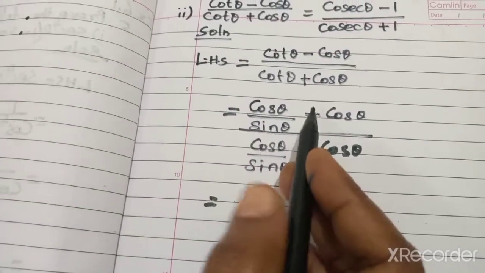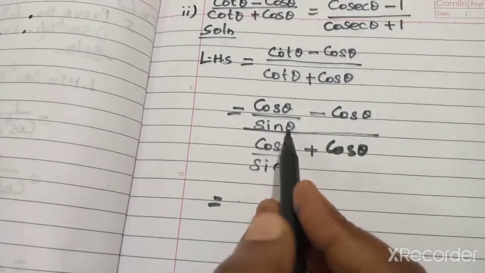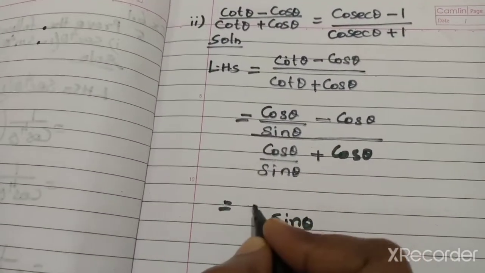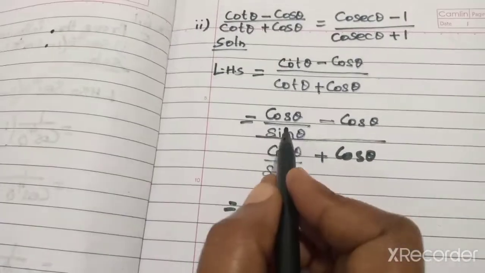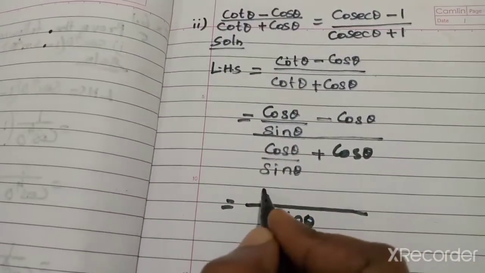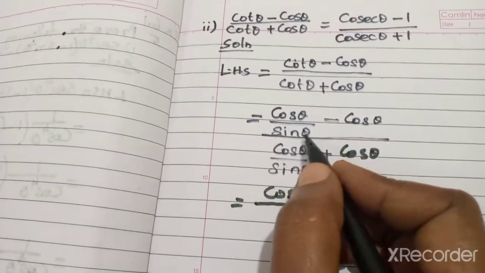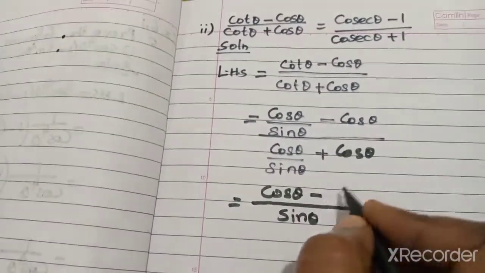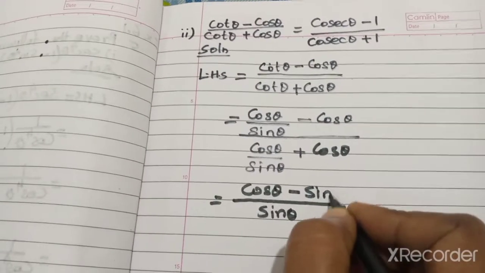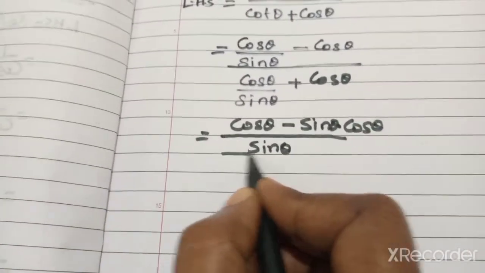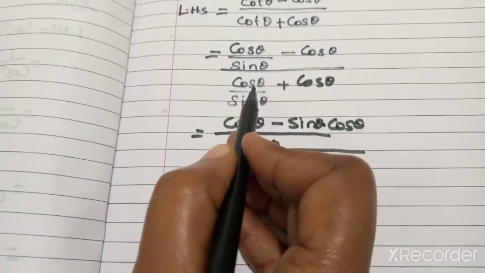So what is the LCM of the numerator? Sin theta is the LCM. So here it can be written cos theta minus sin theta into cos theta, over sin theta, divided by, let us take the LCM of the denominator.